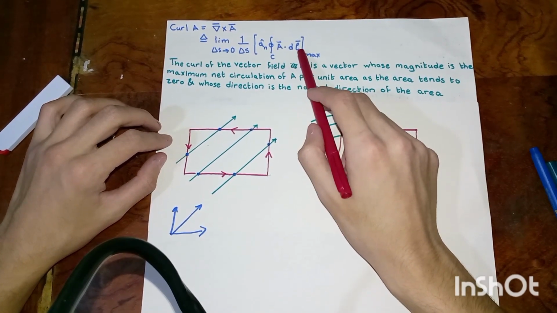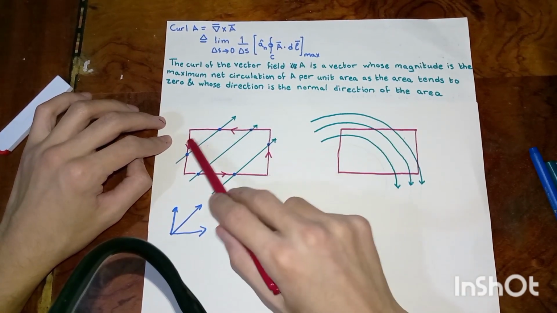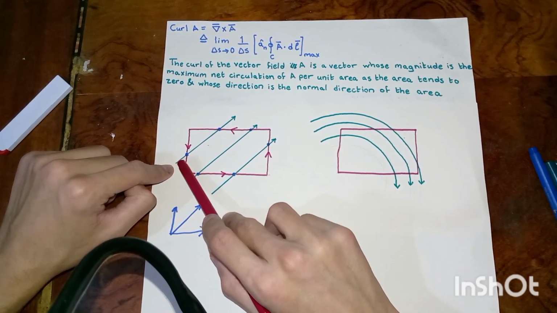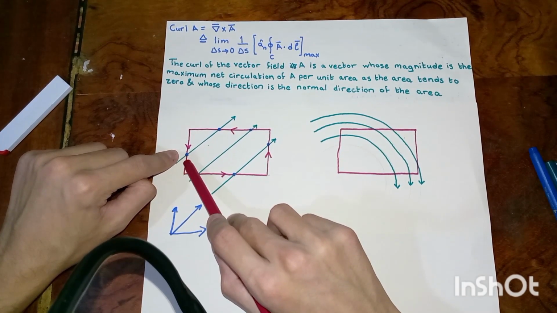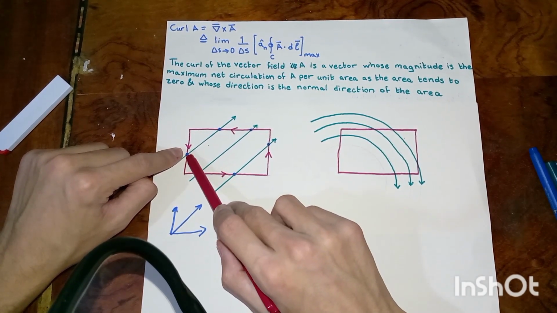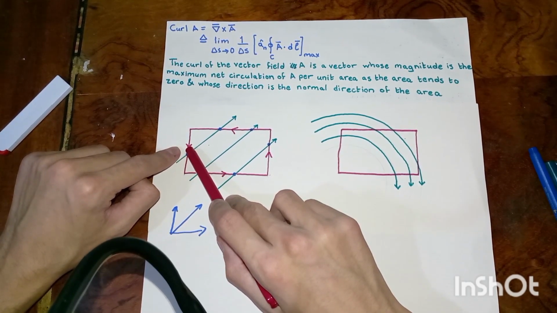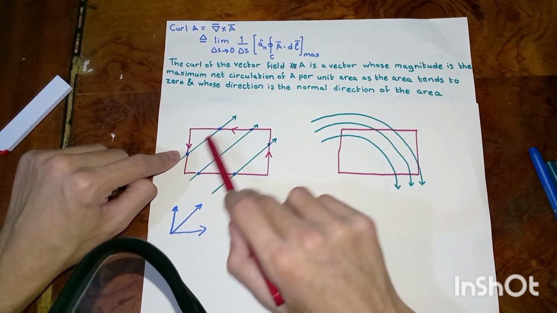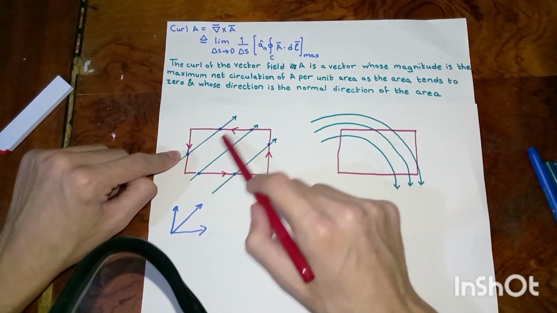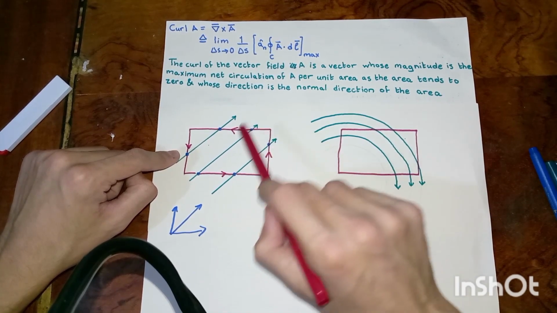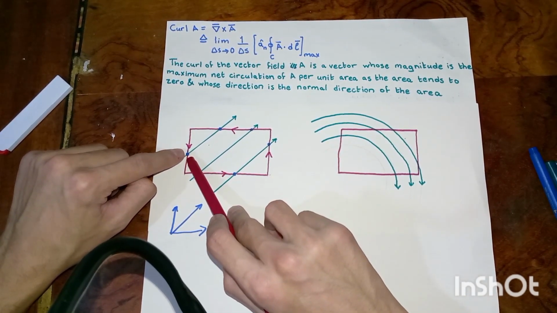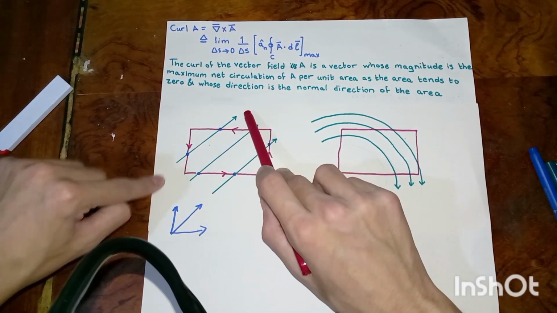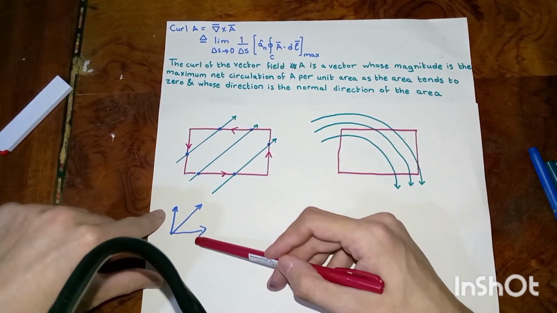And this path is a vector, so I express the direction to be counterclockwise. When we take the dot product between the vector field and the path, we are only interested in the points where the path is intersecting the vector field. So we have 6 points where we want to take the dot product. I will start with this point. At this point, this vector has two components, a y component and an x component.